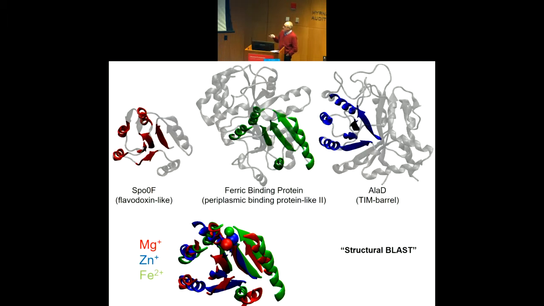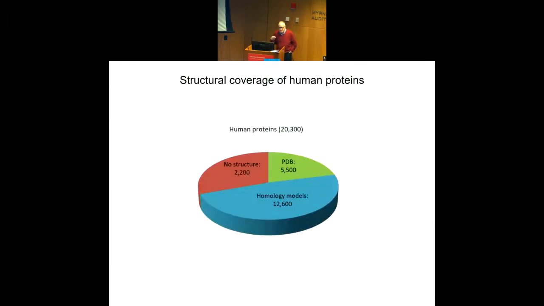Now, getting to apply this sort of logic on a genome-wide scale, there are a few issues that need to be dealt with. The first is there are on the order of 5,000 structures of human proteins, not complete structures, but at least of one domain in a protein, in the protein data bank, the repository of protein structures.